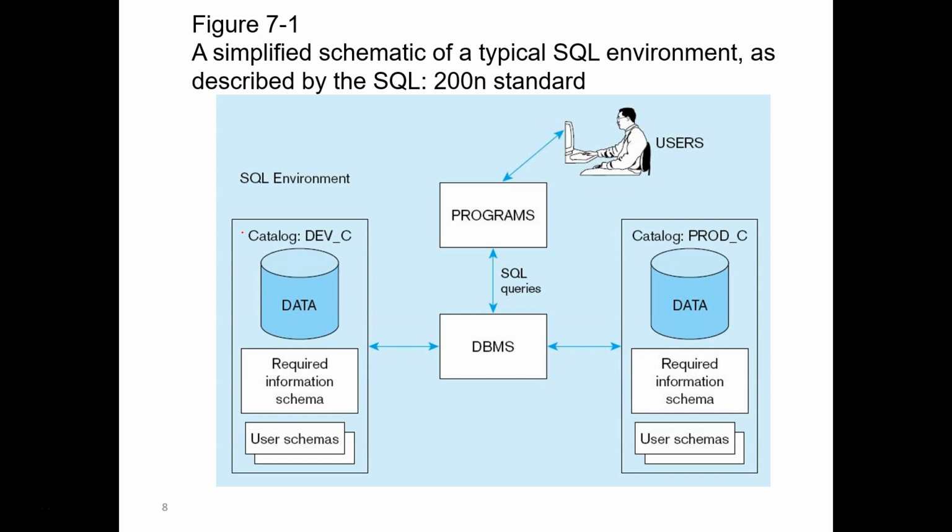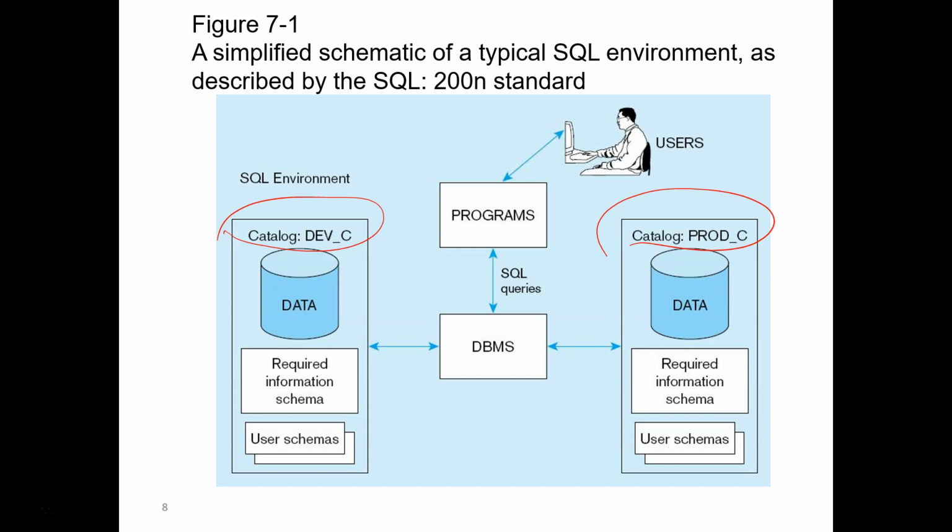In this diagram, there are two catalogs. One is the development catalog, and the other is the production catalog. They simply define two separate physical, sometimes logical, partitions of the database environment, one for developers and another for actual users of the databases.